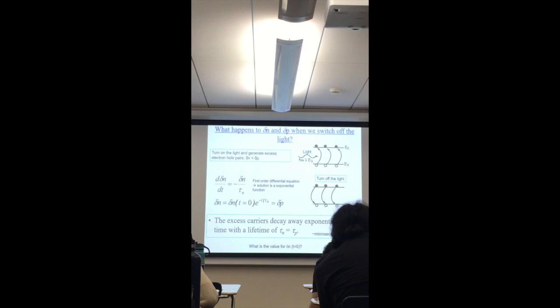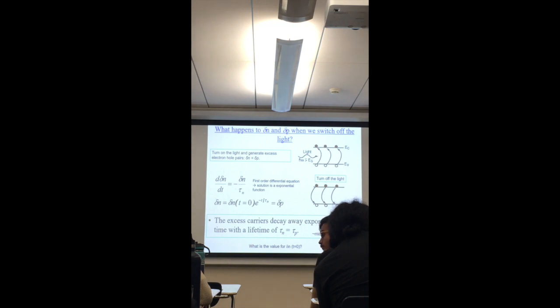From this equation, we see that the excess carriers decay exponentially with time, with a lifetime of tau n or tau p. The lifetime of electrons is around microseconds, 10 to the negative 6 seconds. This is the time dependence of the excess carriers.